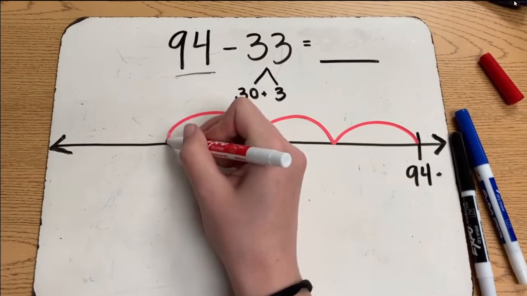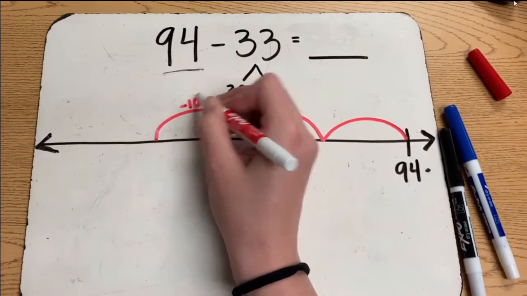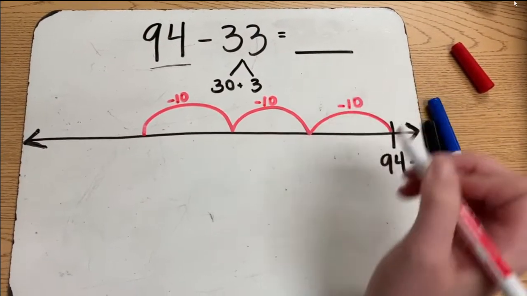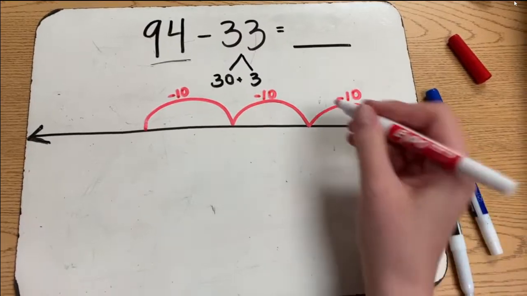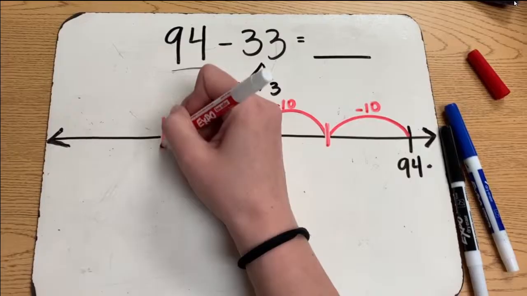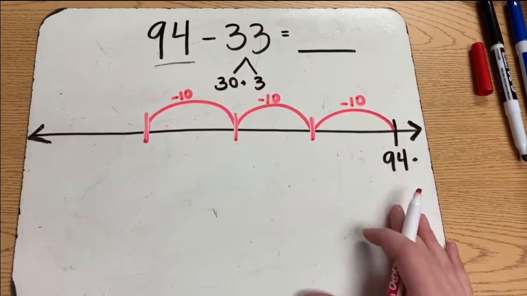Okay? And I'm going to label each jump with what I did, just like always. Minus 10, minus 10, minus 10. All right? Now go in and add your tick marks, and we need to label what happened at each tick mark. Okay? How the value of our number changed.